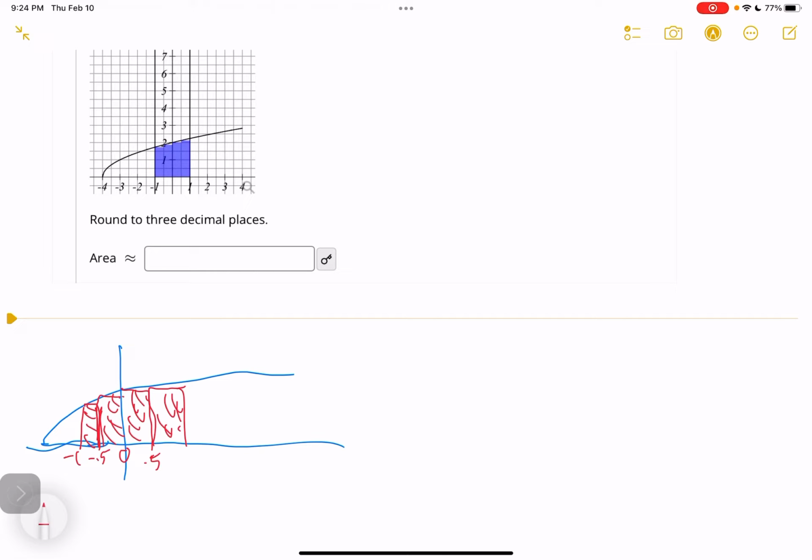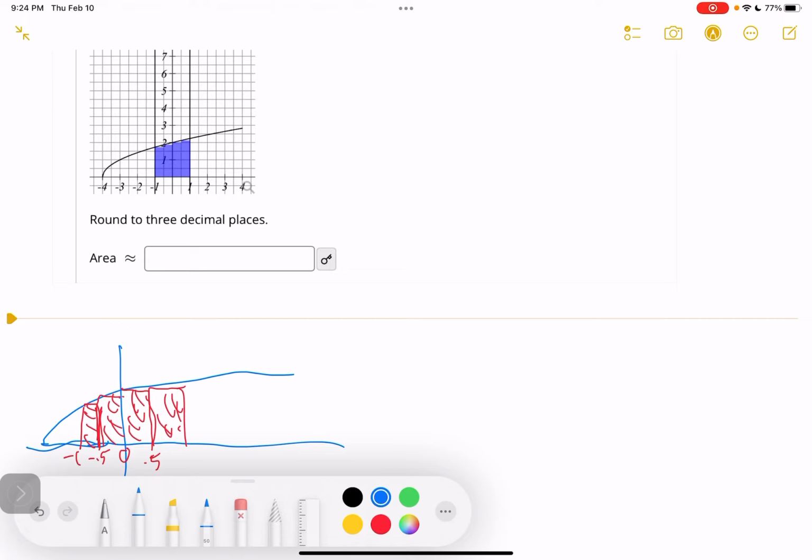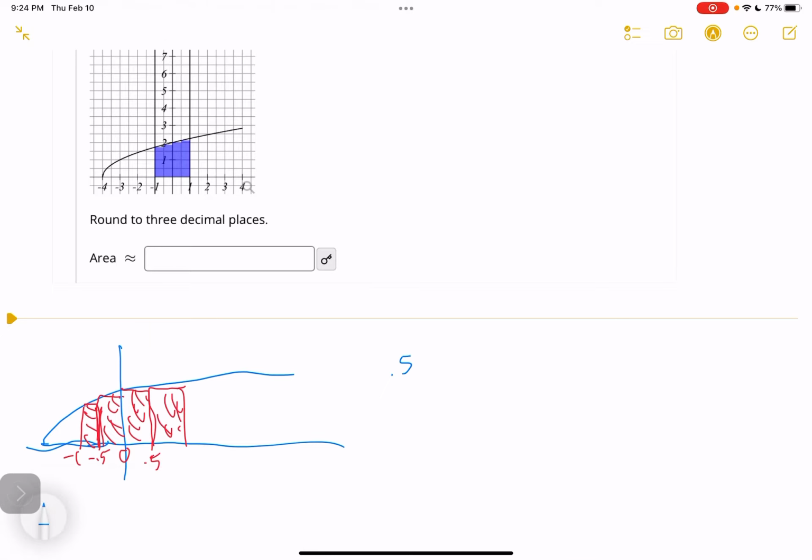Okay, so the idea is the same, that we will have 0.5 times f of -1 plus 0.5 times f of -0.5 plus 0.5 times f of 0 plus 0.5 times f of 0.5.